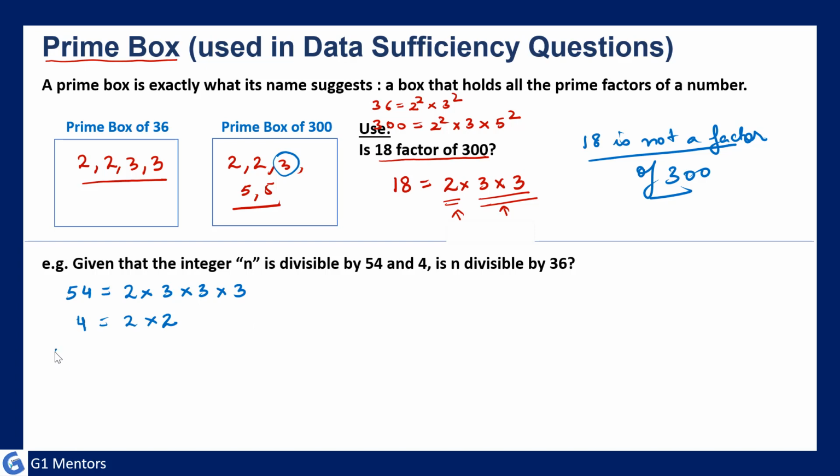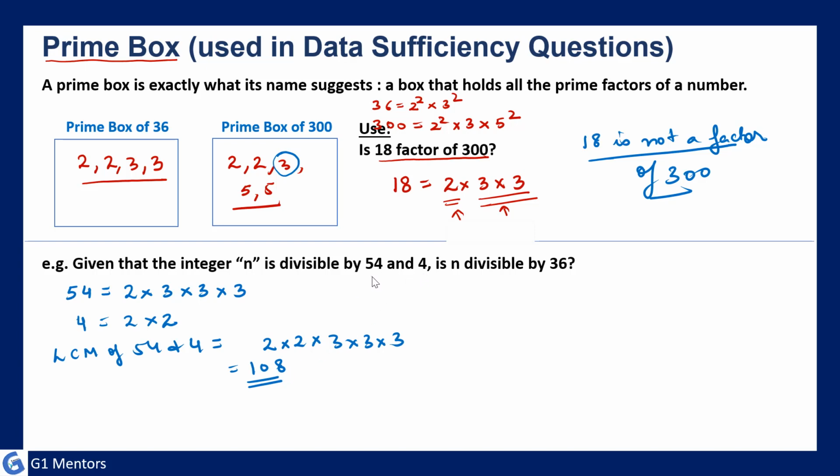So we first calculate the LCM of 54 and 4. The LCM of 54 and 4 is equal to 2 into 2 into 3 into 3 into 3, which is nothing but 108. So 108 is a multiple of 54 and 4.